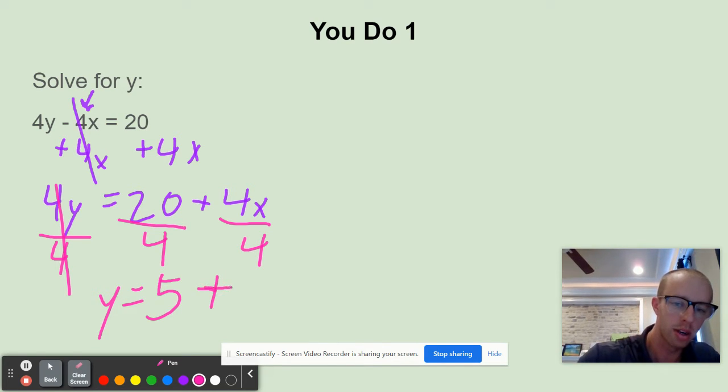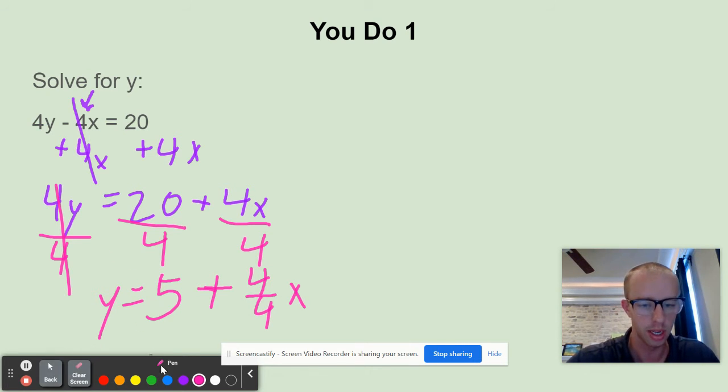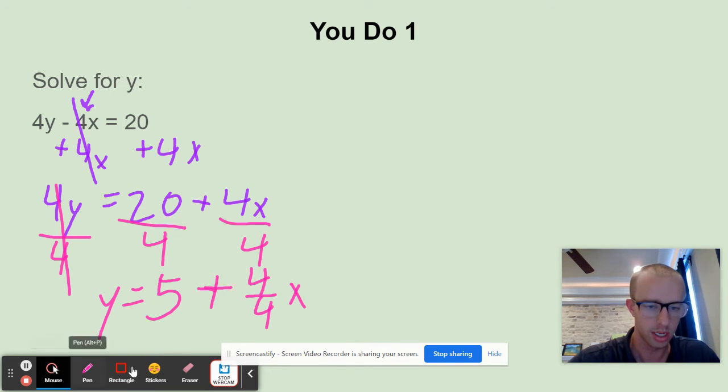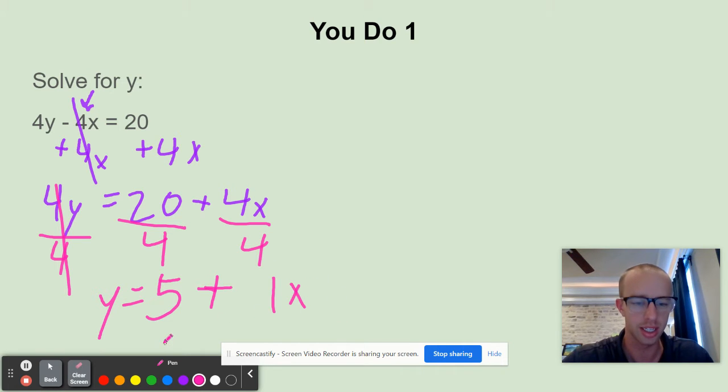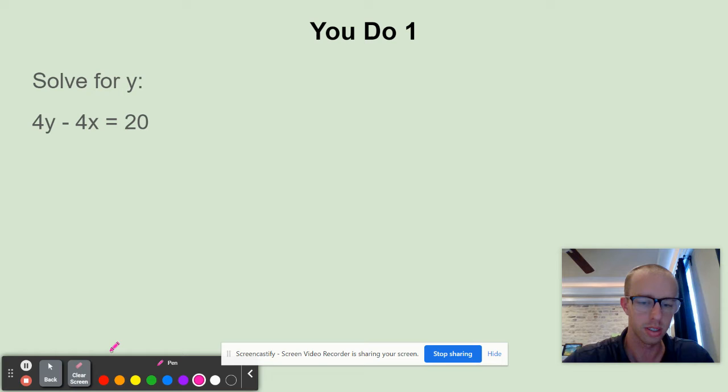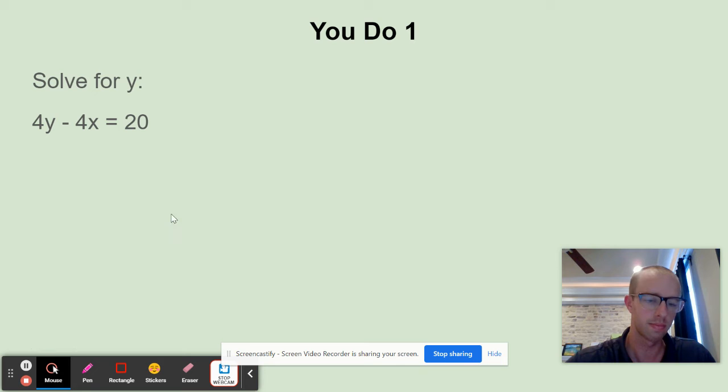So I could write this as 4 over 4 x, but that's not as simple as it can be. 4 divided by 4 here is 1, so I could write this as 1x, or really I don't need a 1 in front of the x since this is just an x. I was just going to change the 1 to a regular x. All right, here we go.